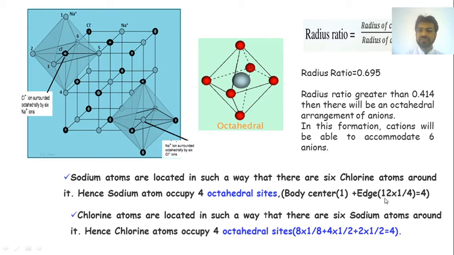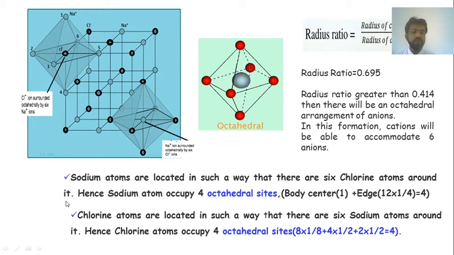So from this you will get the 4 sites. So in this unit cell, the sodium atoms will be present in the octahedral, forming the octahedral at the 4 sites.